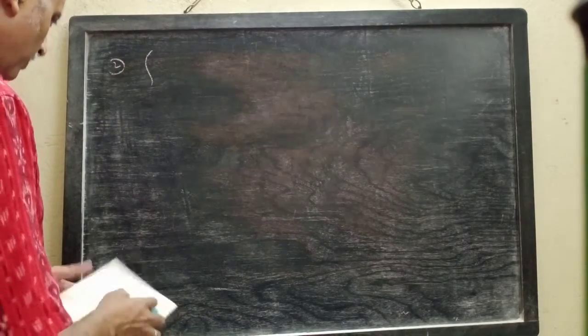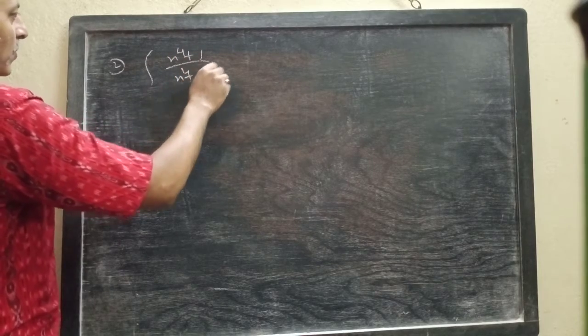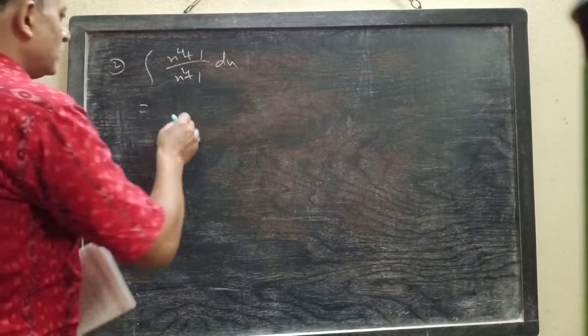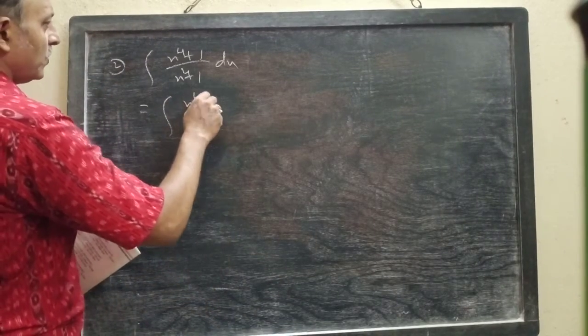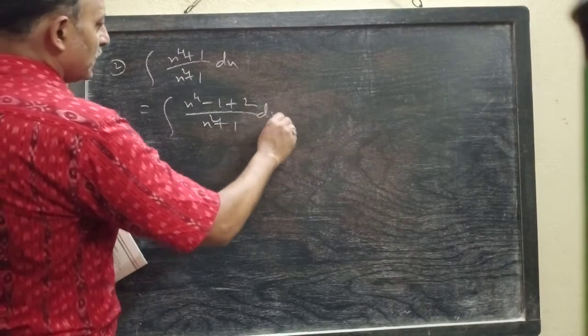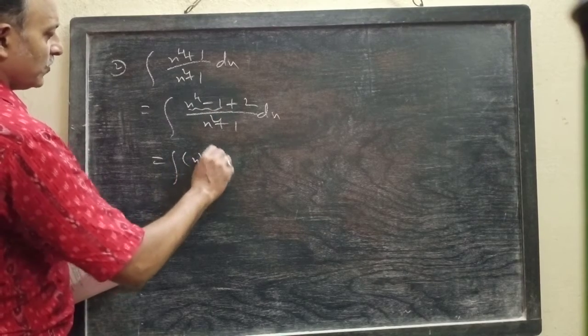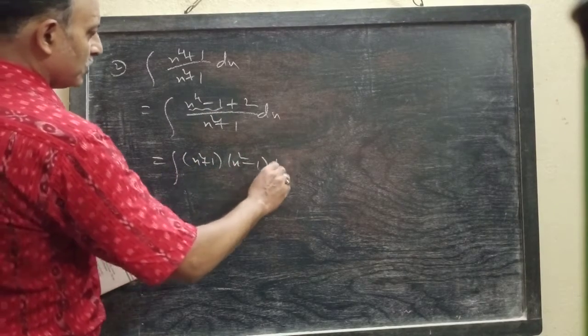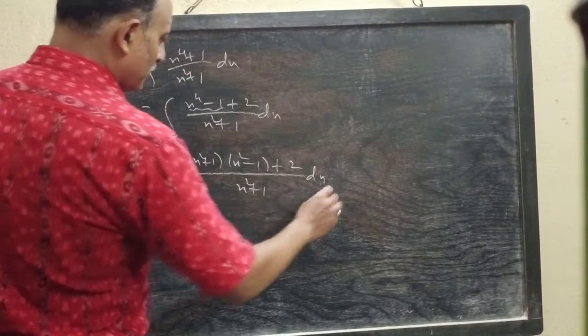Integration x to the power 4 plus 1 by x square plus 1 dx. You can divide it or you can do it in this way. X to the power 4 minus 1 plus 2 by x square plus 1 dx. Now just split this. You get x square plus 1 into x square minus 1 plus 2 divided by x square plus 1 dx.